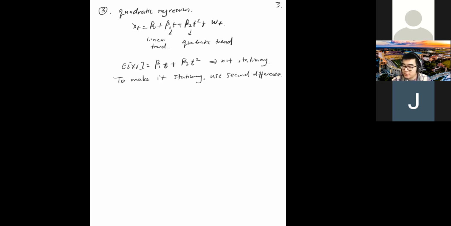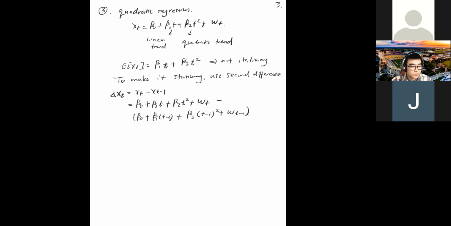Here I will just show you how the second difference works. So the first difference, delta x_t, is equal to x_t minus x_{t-1}. So this minus w_{t-1}.